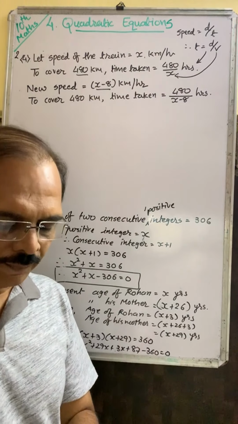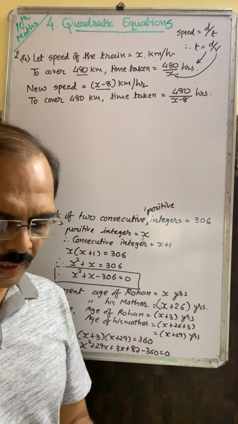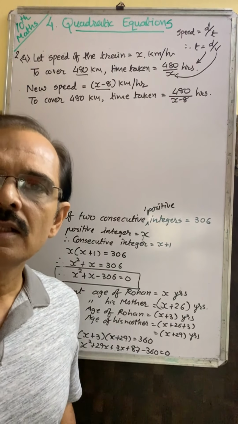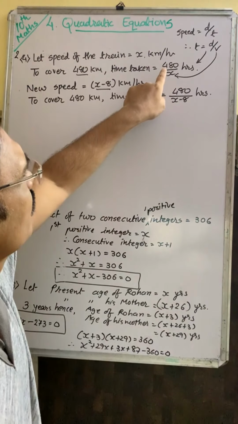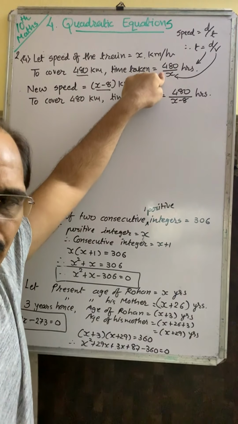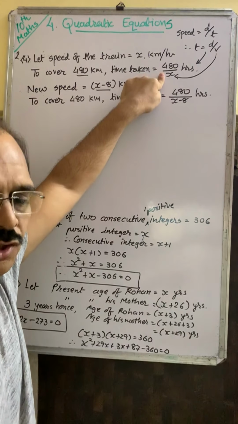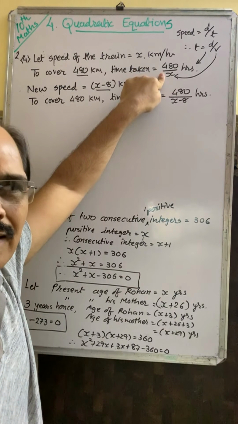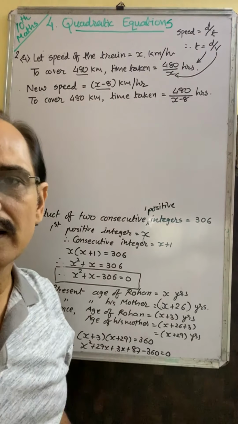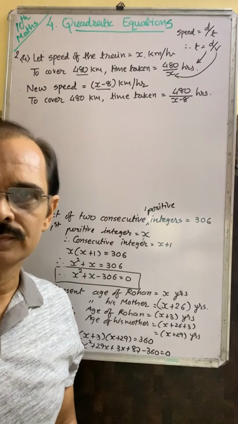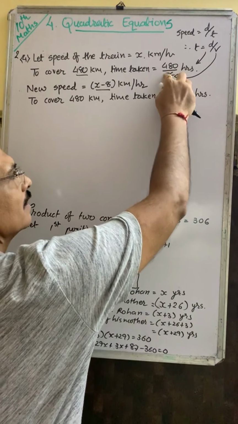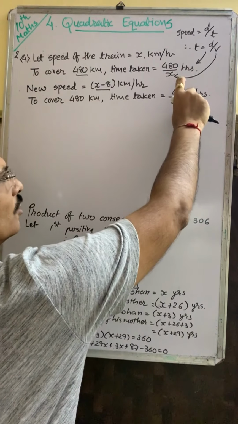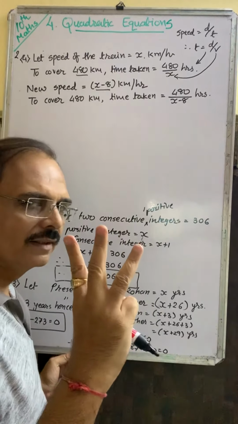The statement is: if the speed had been less, it would have taken 3 hours more to cover it. Suppose with the usual speed the train reaches the destination, 480 kilometers away, in 10 hours. Then with the decreased speed it takes 13 hours, meaning 3 hours more. So this term will be greater than this. 13 minus 10 is 3.